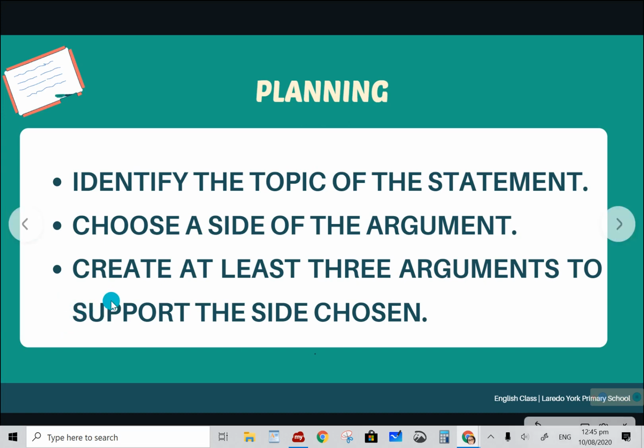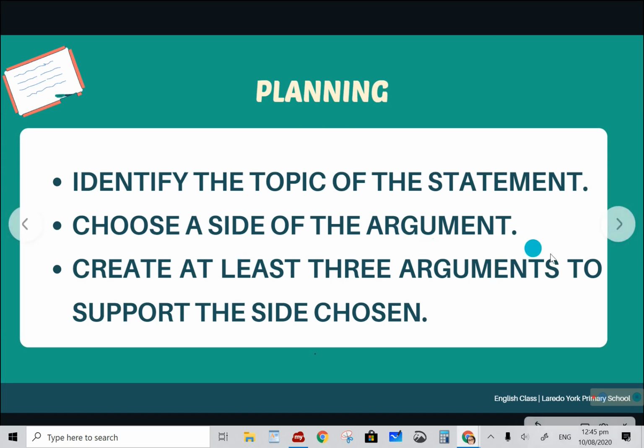The other thing that you do, and very important, this is actually answering the question here: create at least 3 arguments to support the side chosen. After choosing a side of the argument, whether you agree with having cell phones in school or you don't agree with having cell phones at school, you are to create 3 arguments to support the side chosen.